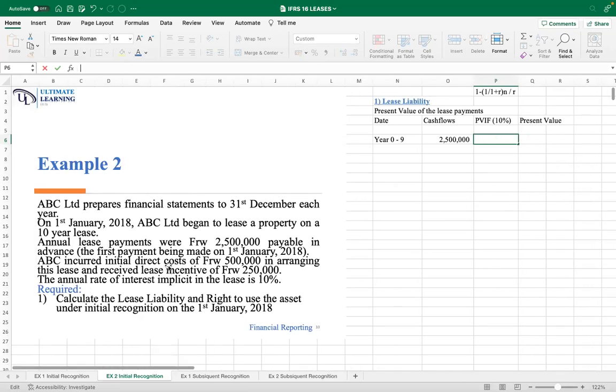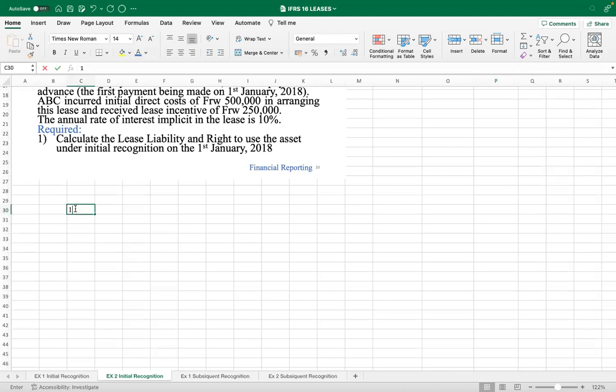Let me do it step by step. 1 minus into bracket, 1 divided by 1 plus R, raised to power n, everything divided by R. Everything starting from here until there. So can somebody help me in the chat?